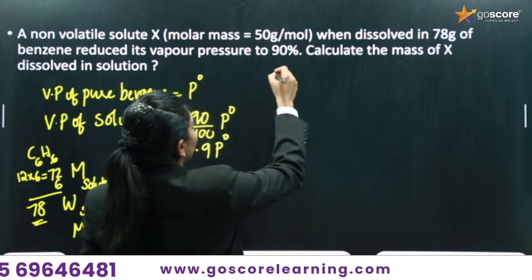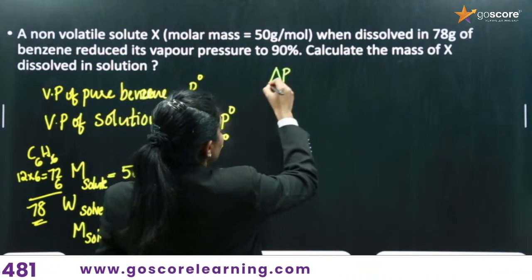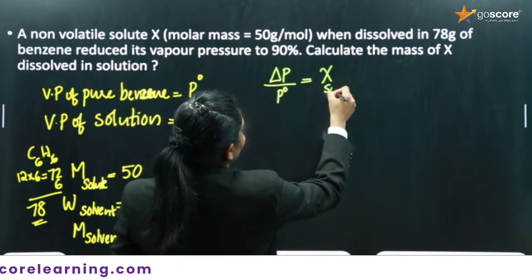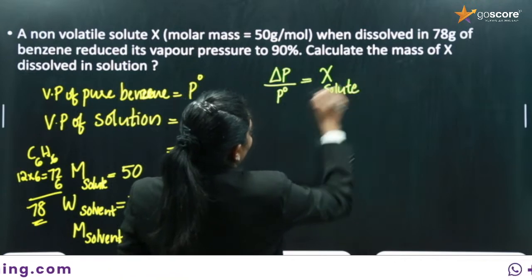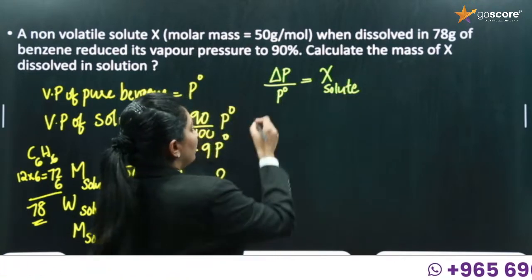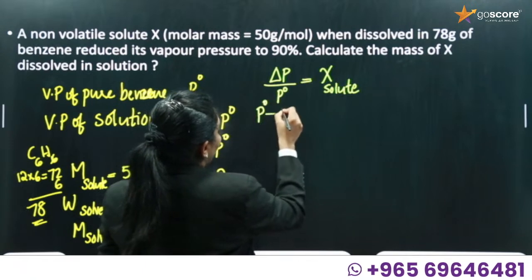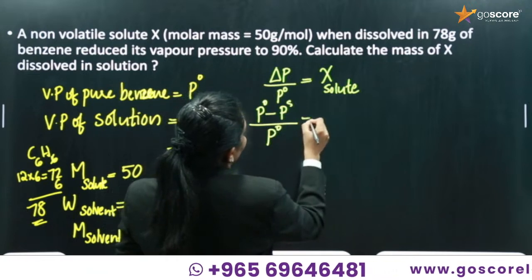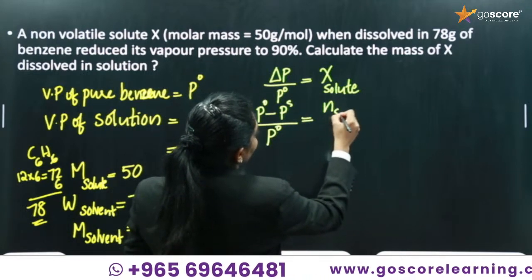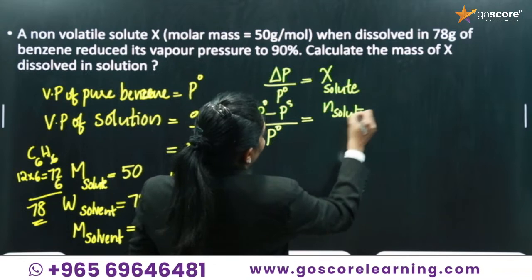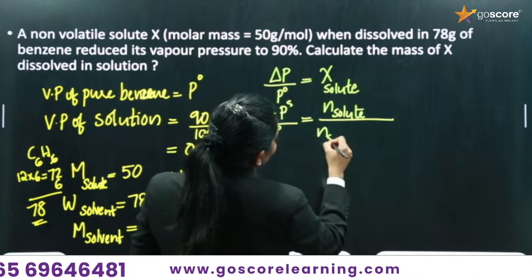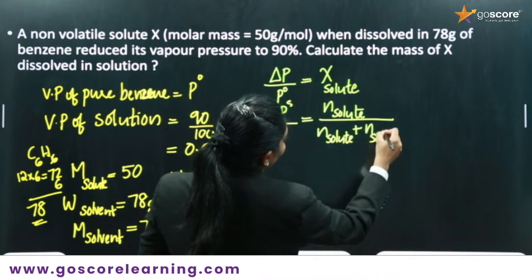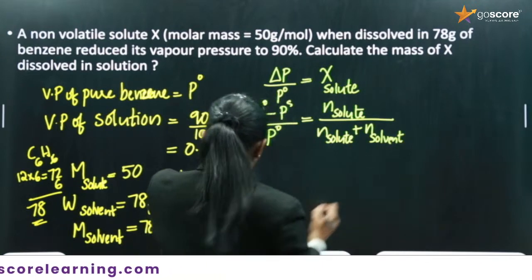So, the expression for relative lowering of vapor pressure is delta P by P naught is equal to the mole fraction of solute. That means P naught minus PS by P naught is equal to the number of moles of solute divided by moles of solute plus moles of solvent, right?